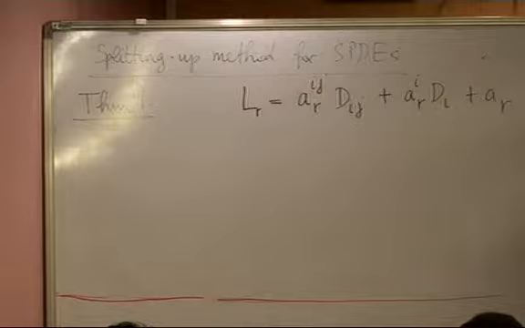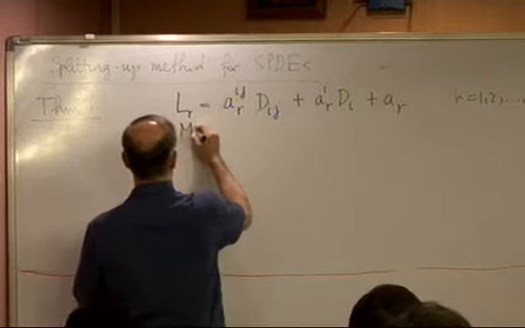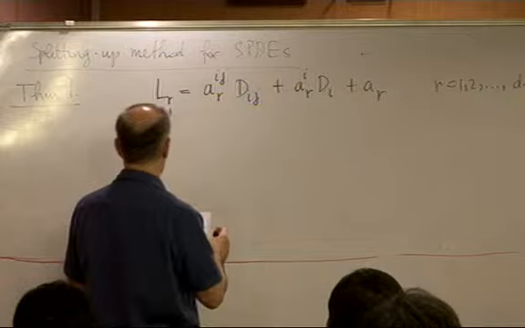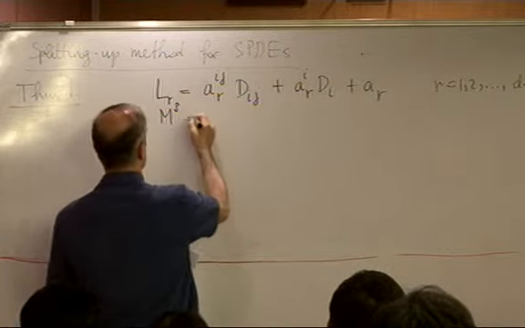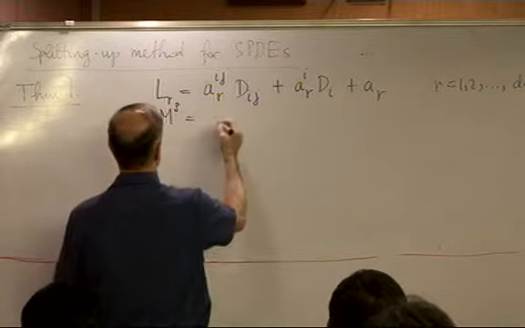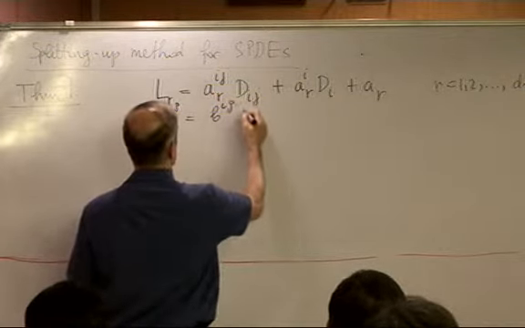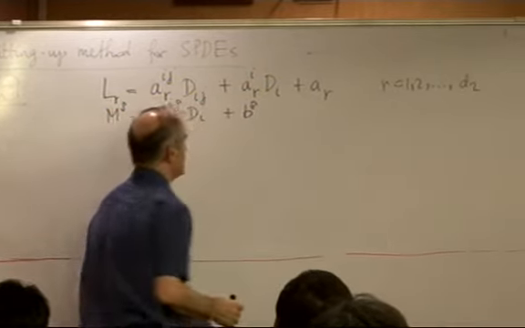So r is from 1 to d_2, and so this is just what we have. And yes, we have only one m, but the rho is the coordinate. So this is b^i_rho D_i plus b_rho.